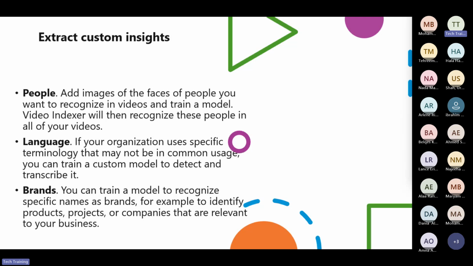I will give you a quick example. Let's say we are working in a security institute related to the government, and this institute is monitoring a place that receives different people.